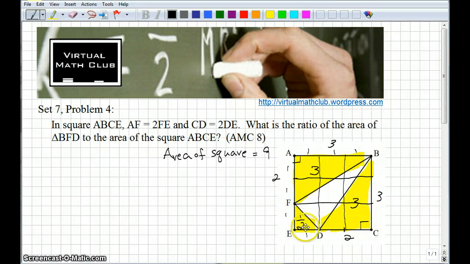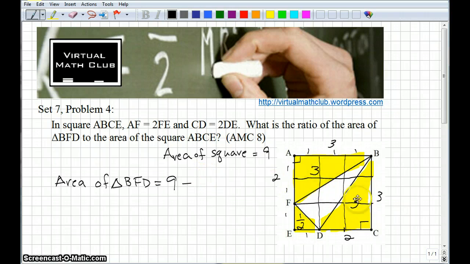Okay, so now we have the area of the outside of the triangle. So the area of triangle BFD is going to be the area of the square, which is 9, minus the area outside of the triangle.